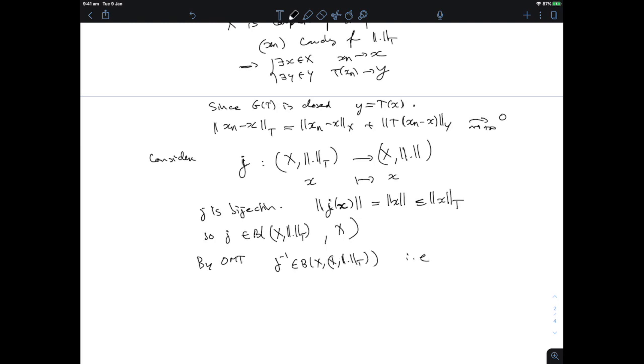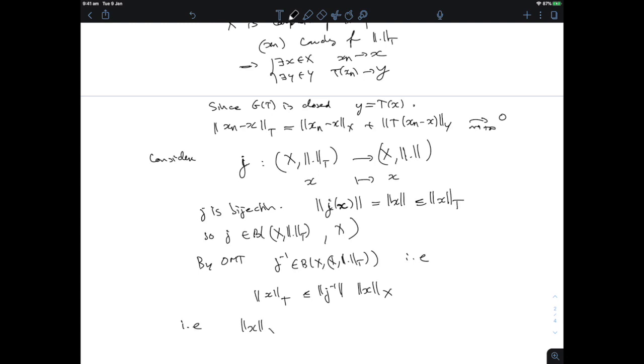And that tells me that the norm of x in T has to be smaller than a constant, namely the norm of J^-1, times the norm of x in X. And what is that saying?